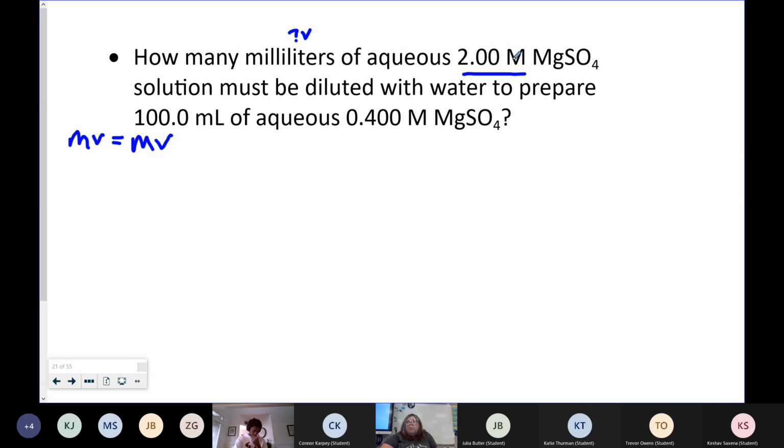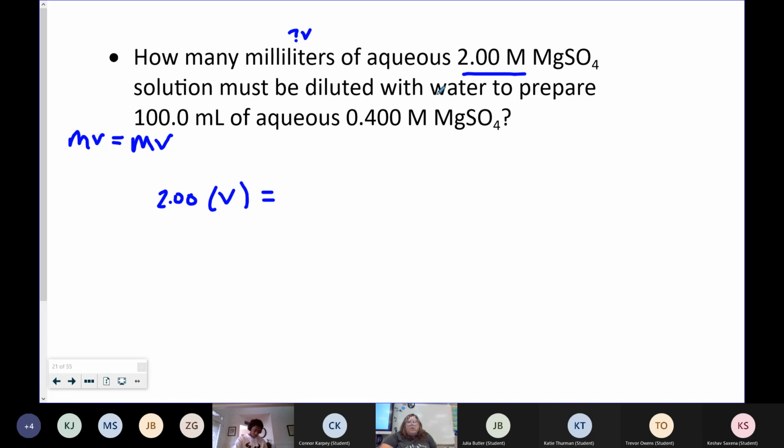So these 2 numbers should go on the same side. Those go together. And it doesn't matter whether you put them on the left side or the right side, as long as they're paired up together. So we're looking for the unknown volume whenever our molarity is 2 molar.